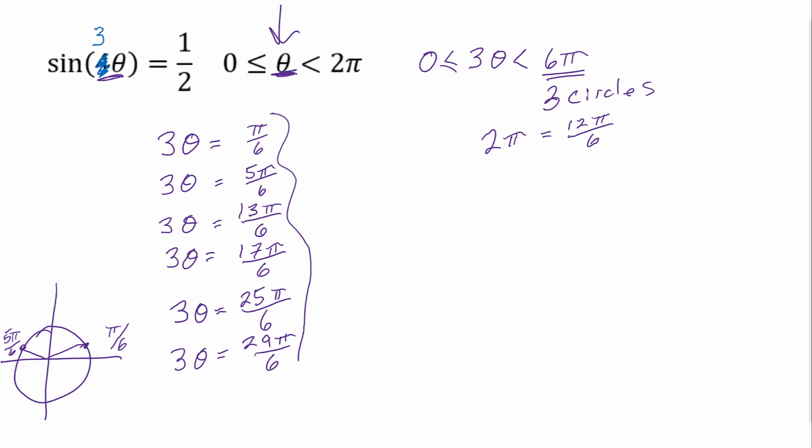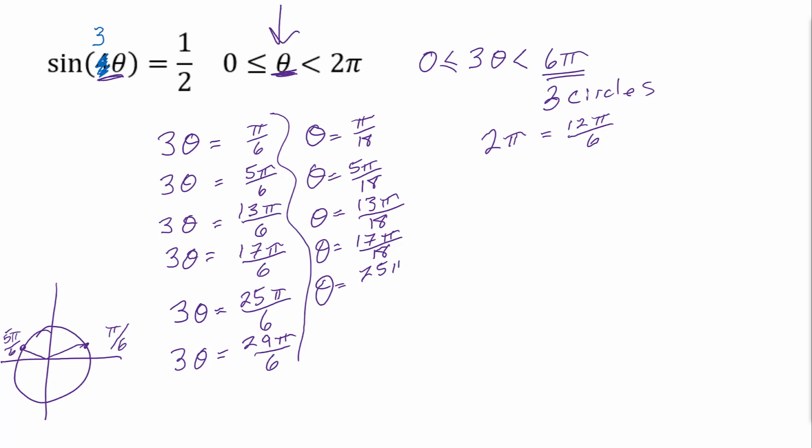Dividing each of these by 3, I get theta equals pi over 18, 5 pi over 18, 13 pi over 18, 17 pi over 18, 25 pi over 18, and 29 pi over 18. And again, you notice that once we've divided by 3, all of these angles are once again between 0 and 2 pi.